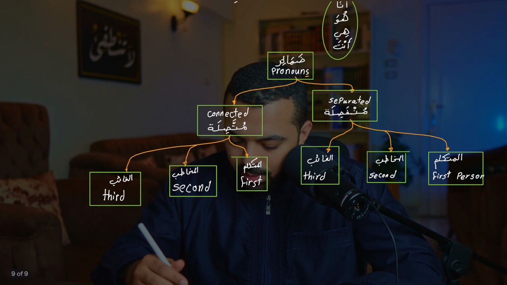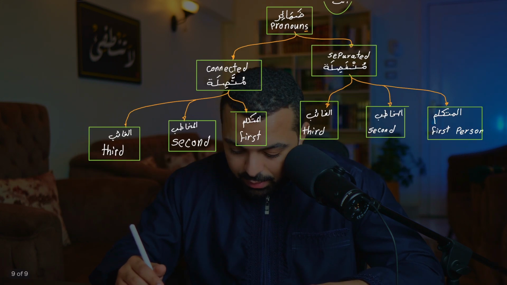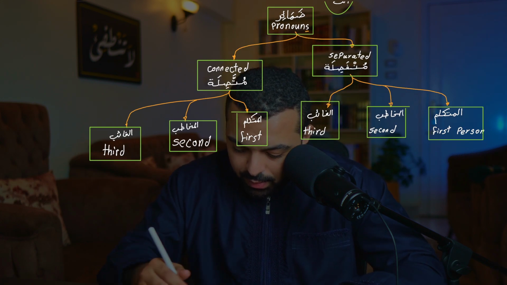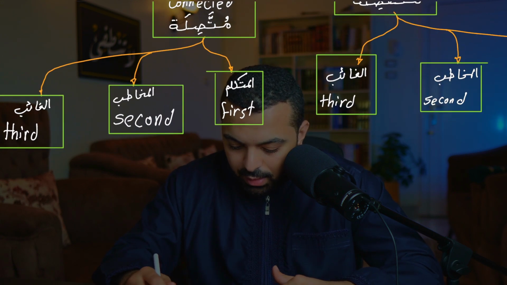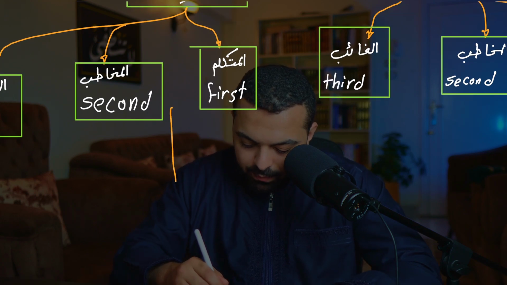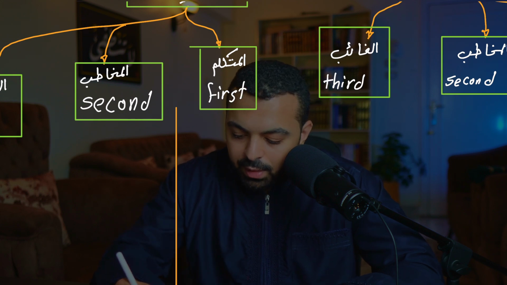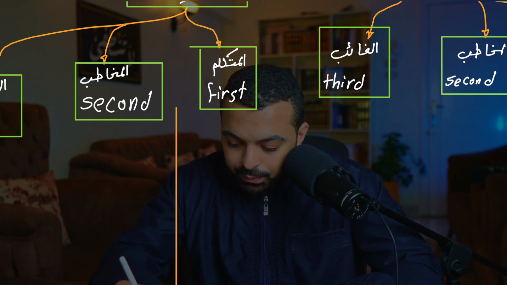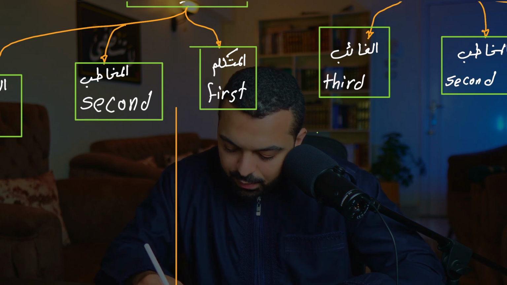In the last lesson, we finished talking about the separated pronouns, الضمائر المنفصلة. Now, let's talk about الضمائر المتصلة, the connected ones. If I have a verb, like for example, كتب, that's a past tense verb.